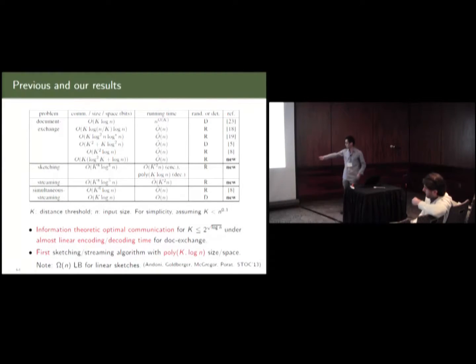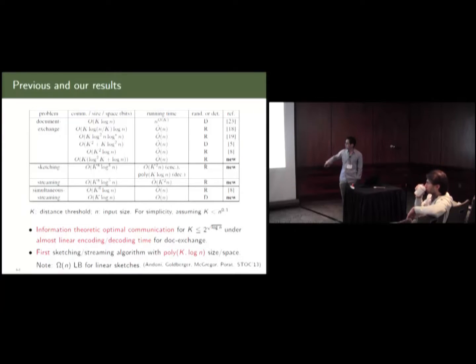This is a paper by Andoni et al. a few years ago. And streaming is a direct follow-up of the sketching algorithm, because we can construct the sketch in one pass. So we get a streaming algorithm too, with space basically the size of the sketch.